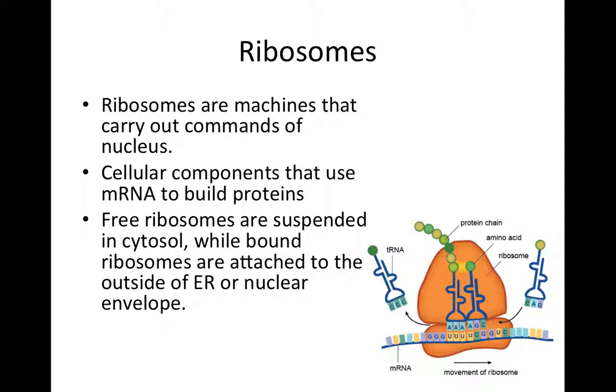Then there are times where ribosomes are already attached and bound to the endoplasmic reticulum. And that's where we get the term rough ER, which is coming up in a little bit, because it looks rough in a microscope, the ER, but it's simply the portion of the endoplasmic reticulum where ribosomes are already attached.